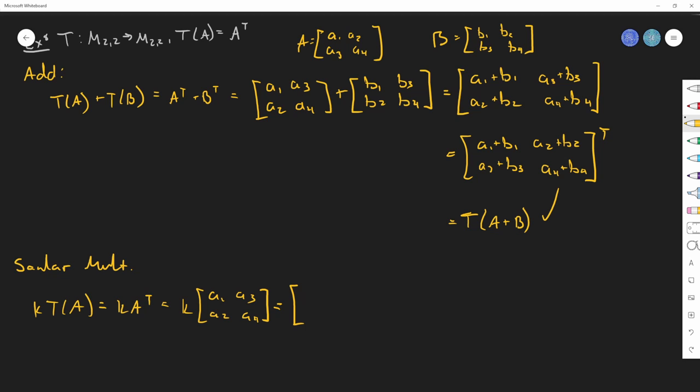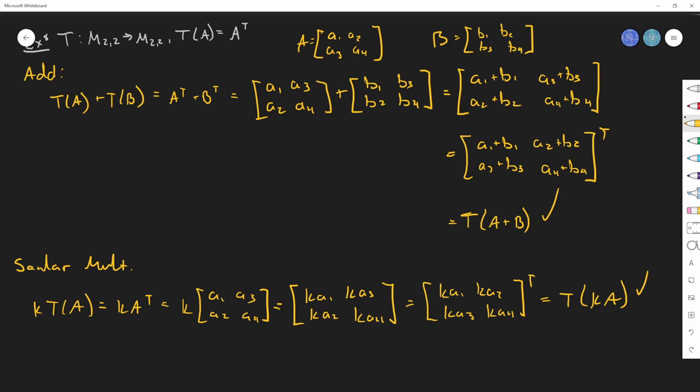You can multiply everything inside by K, so KA1, KA3, KA2, KA4, which is the same as the transpose of KA1, KA2, KA3, and KA4, which is the same thing as the function T of KA. So this is also closed under scalar multiplication. So that means this is a linear transformation.